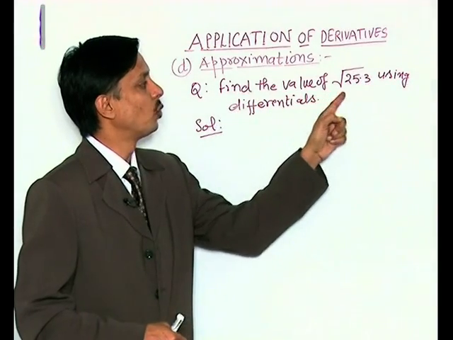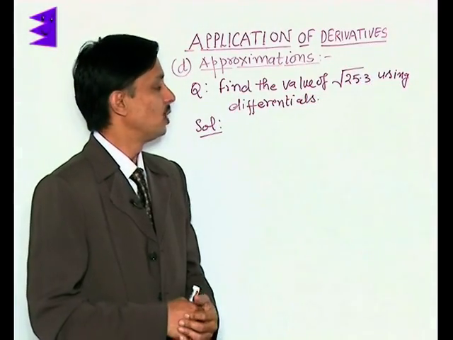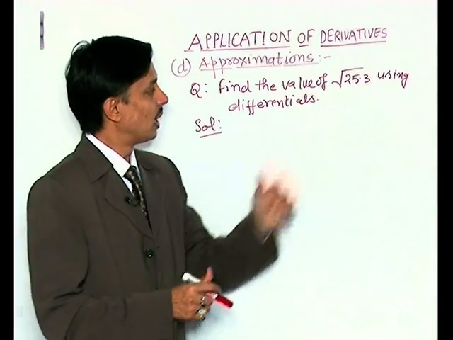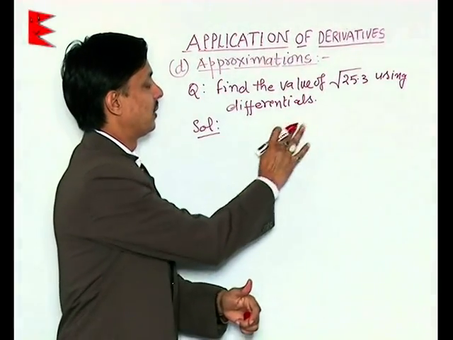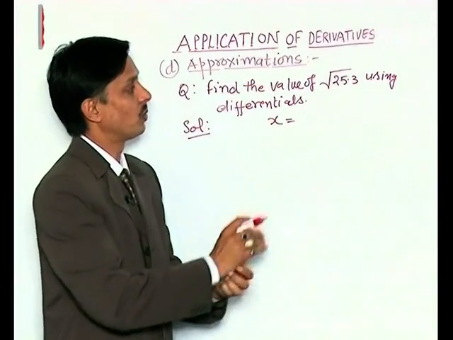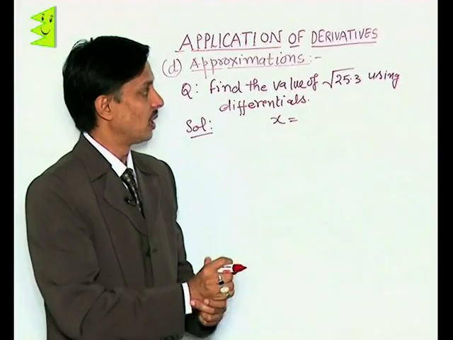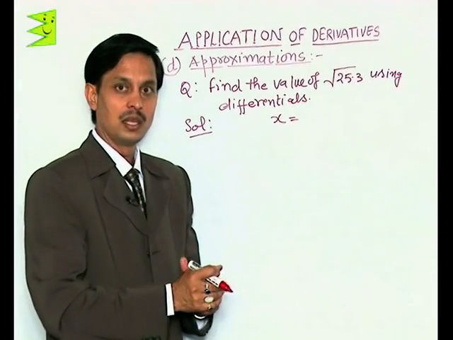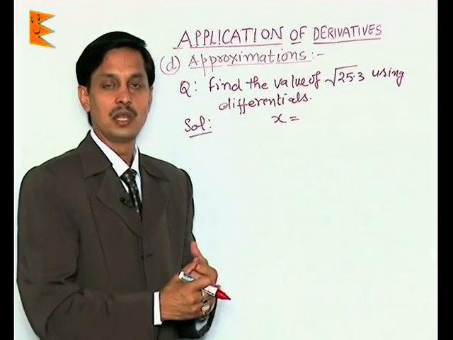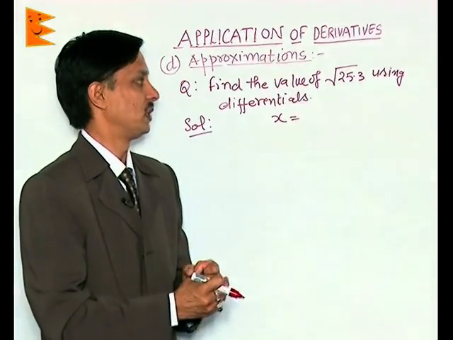Find the value of root of 25.3 using differentials. Here I can assume let the value of x, because I want to find the square root of 25.3. A class 8 student can even solve it, but using the differential he or she will not be able to do it.